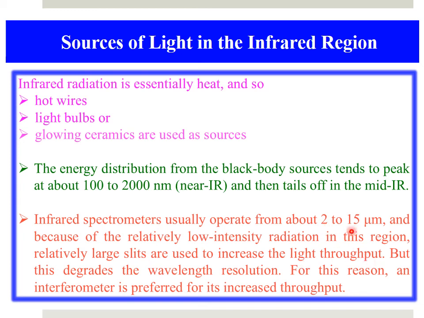So in this region the intensity of radiation is low, so we have to use large slits so that a large amount of radiation can reach the sample. But the problem with this is that it degrades the wavelength resolution. To overcome this problem, an interferometer is preferred, and by means of an interferometer we can overcome the problem of wavelength resolution.